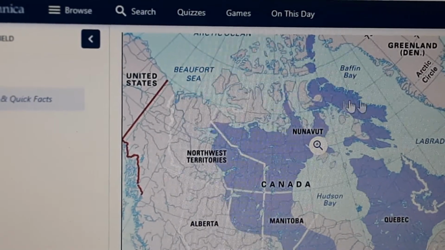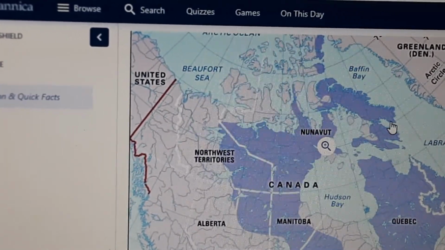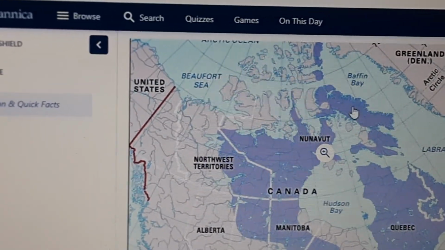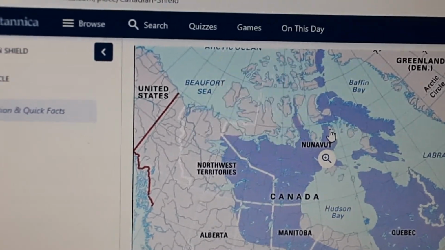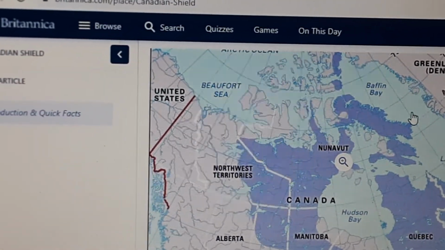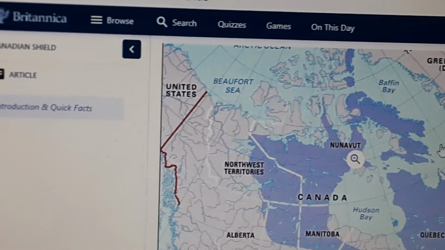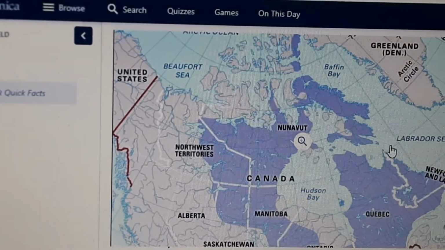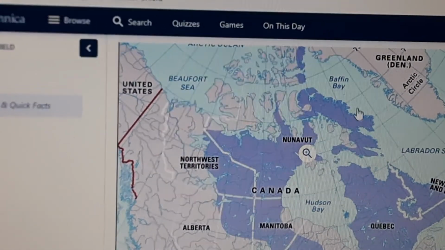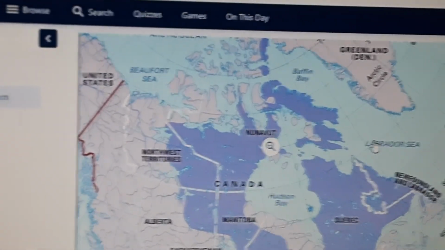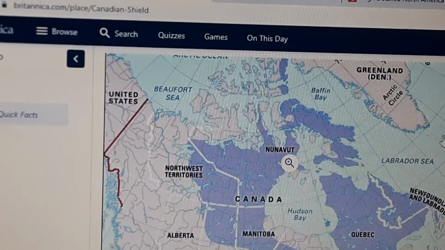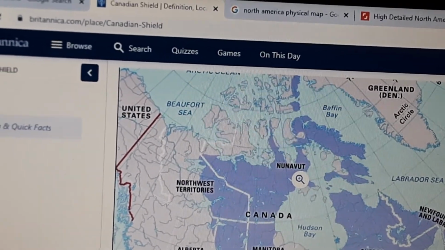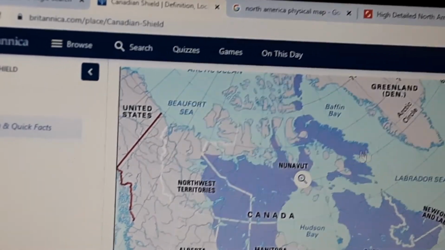The entire Canadian Shield was covered by a thick sheet of ice during the last ice age. The action of ice, or glaciation, resulted in the formation of basins, which are now either lakes or swamps.